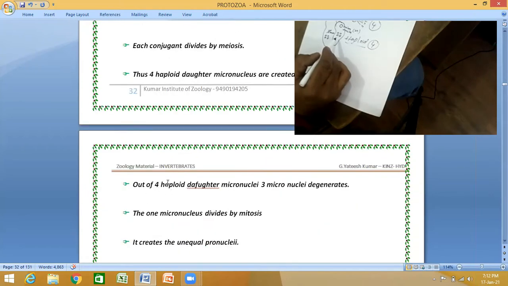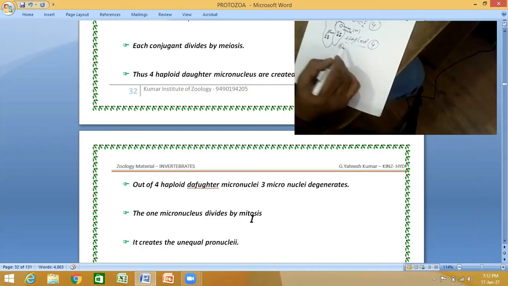Out of four haploid daughter micronuclei, three degenerate and only one remains alive. Next, the one micronucleus divides by mitosis.